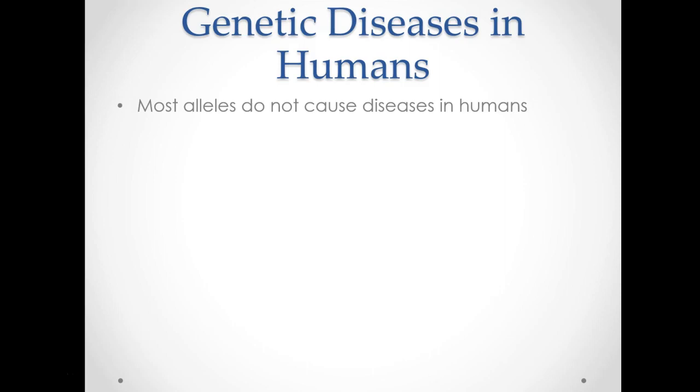For the disorders that we're going to talk about in this particular lecture, we're looking at a unique group of conditions. These conditions are caused by, again, a single gene and a mutation that has occurred in those genes, which is now causing a condition or a disorder.